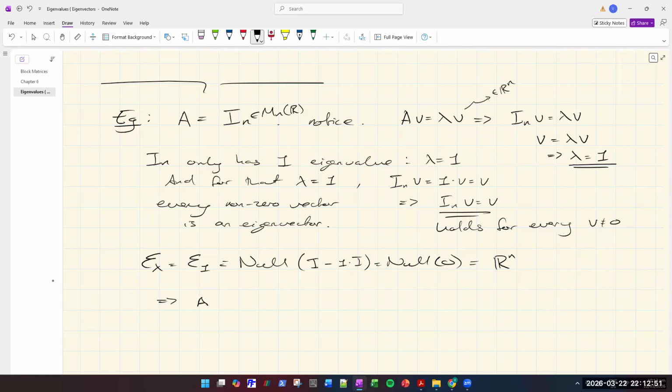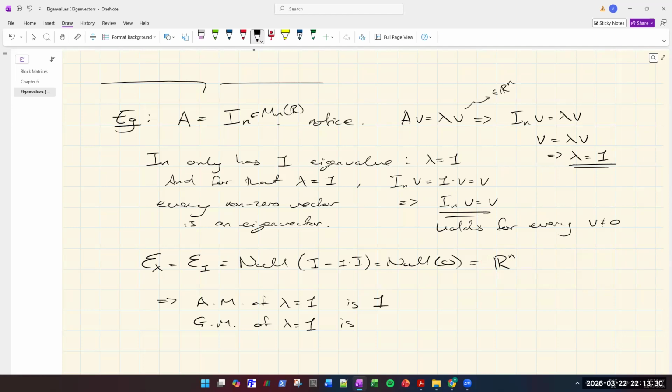The algebraic multiplicity of lambda equal 1 is, how many times it's repeated? Once. So it's of course 1. The geometric multiplicity of lambda equal 1, what is the dimension of this eigenspace? What is the dimension of Rn? What is n? Oh no, geometric is not supposed to be n.